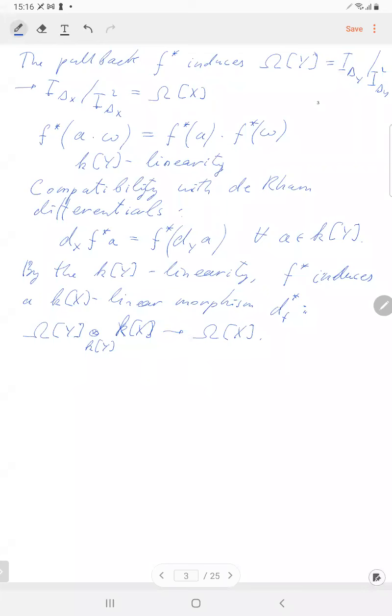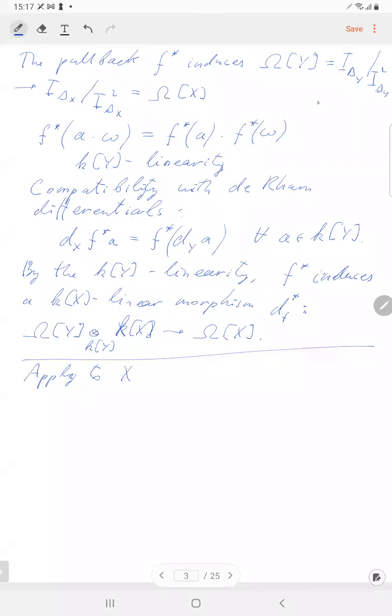Okay, and now we will apply it to the case of closed embedding. Maybe it was useful to imagine x as a sort of fibration over y, but now it's an opposite situation.